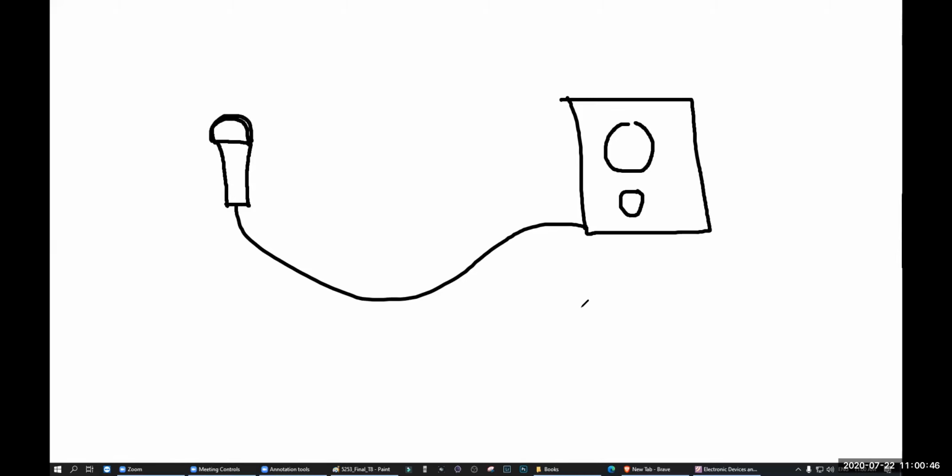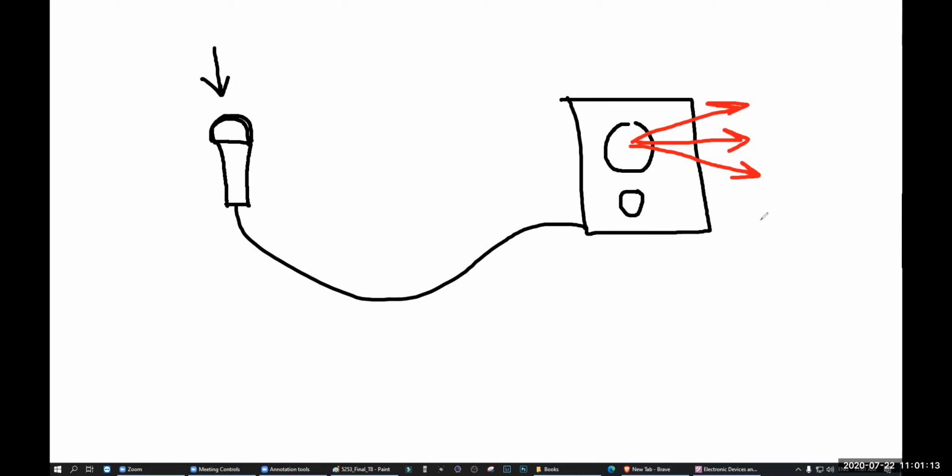You are speaking here. What will happen from here? A big sound will come, right? Your voice will be louder. If you speak in the microphone and it is connected to the speaker, you will hear a lot of sound, right?